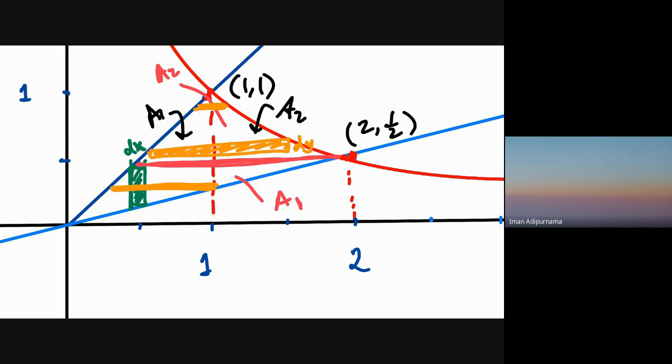The part on the top is y equals x with y equals 1 over x. The part on the bottom is y equals x and 1 over 4x. So different functions, so you need to separate them into two areas. Let me just erase this.